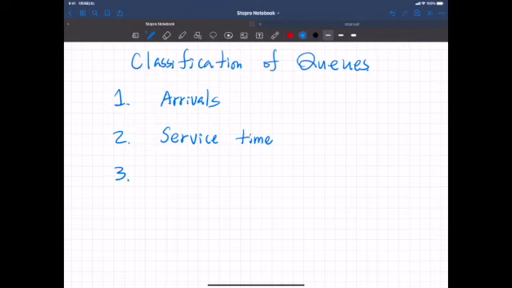And third, the number of servers. So this determines the fundamental properties of queues.